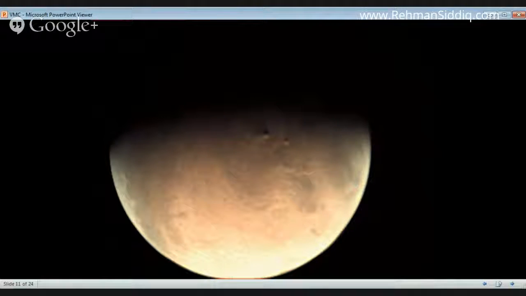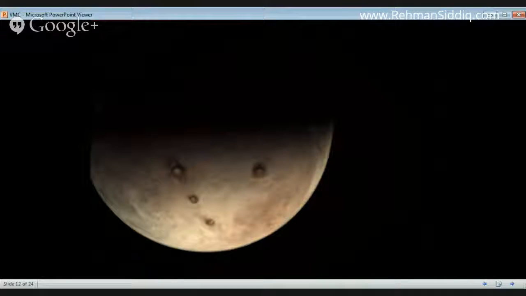Okay, if we just move on to the next slide, these are the more famous volcanoes on Mars. The largest one is Olympus Mons, and Olympus Mons is the one to the right. If you look at this triangle, this is the vertex of this triangle. And then this line, this volcano chain.